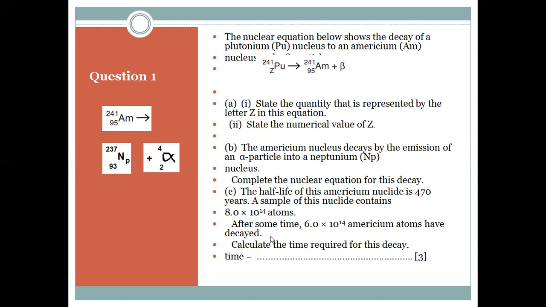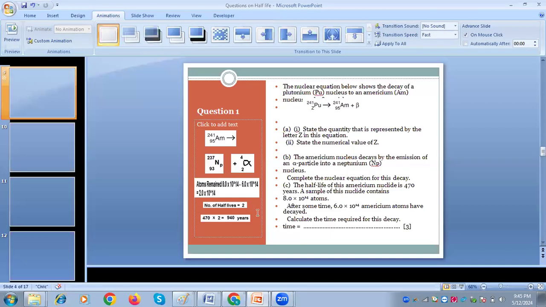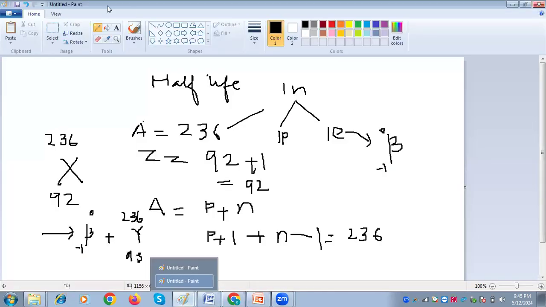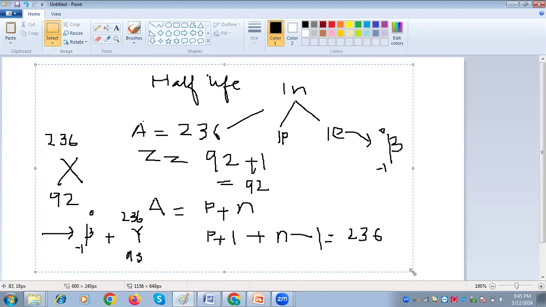What we will have to do, in these types of calculations, we are interested in the number of atoms which have remained.